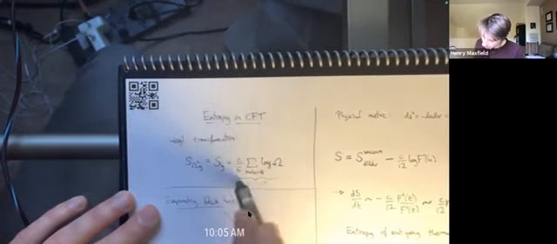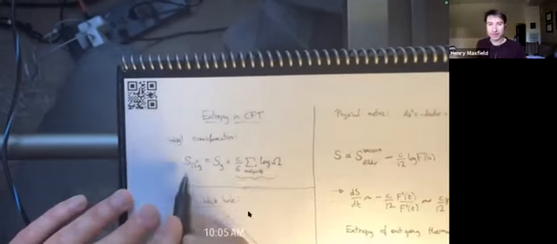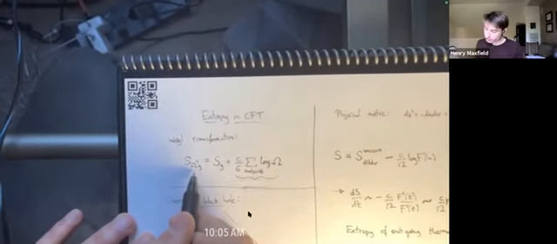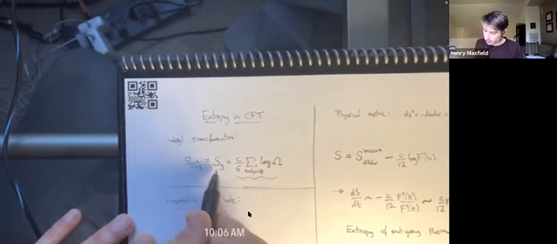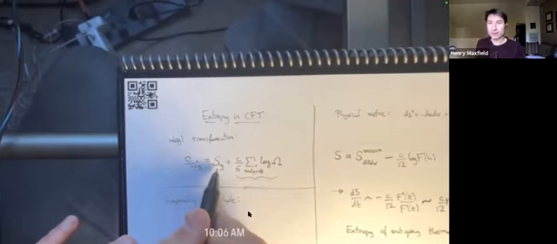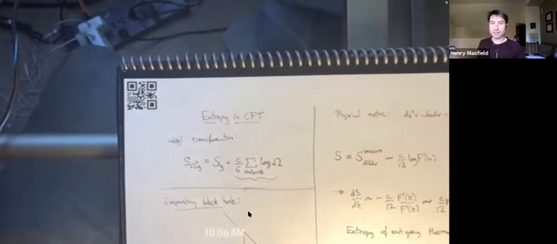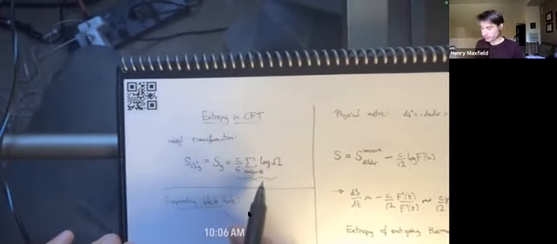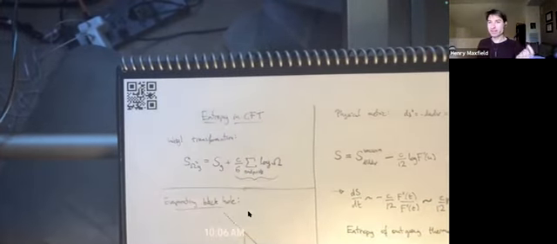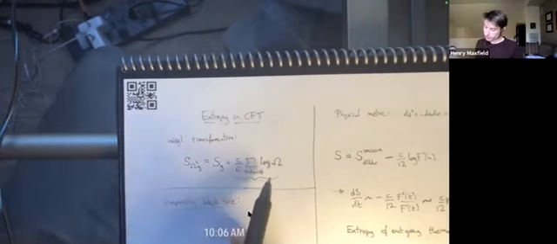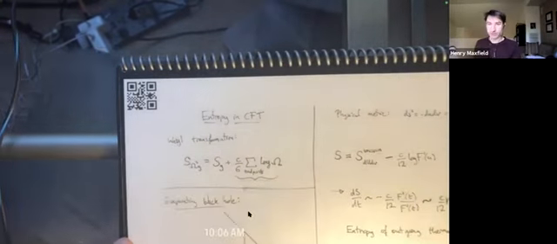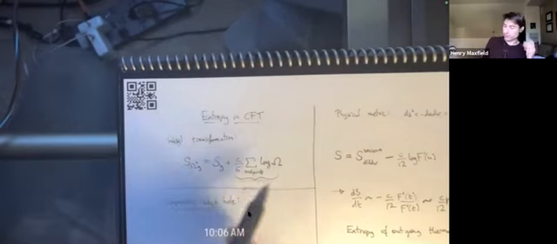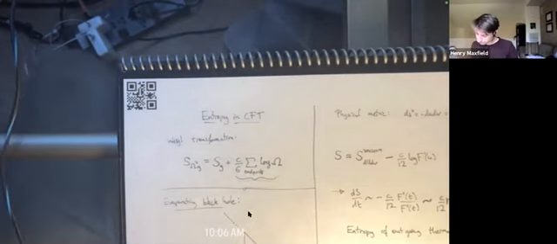If you were to compute the entropy of some state in a Weyl transformed metric, then you get the same result as if you computed the entropy before the Weyl transformation, up to this piece here. You could think of this as being related to changing the scale of the cutoff of the theory. We'll talk a little bit about the UV divergences, and the way you cut those off will change if you do a Weyl rescaling.